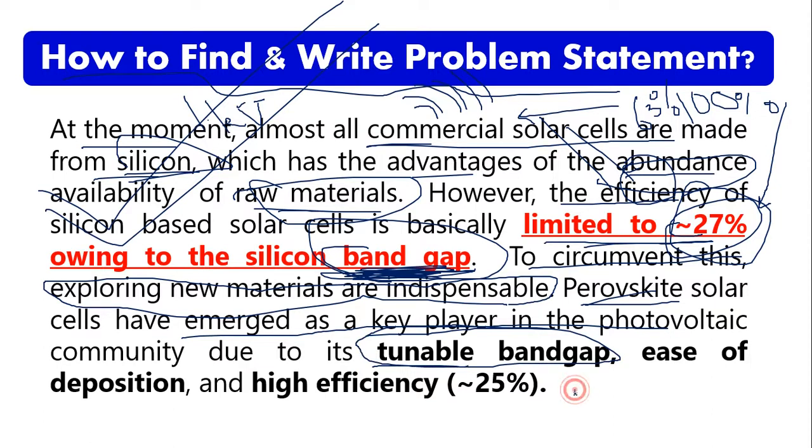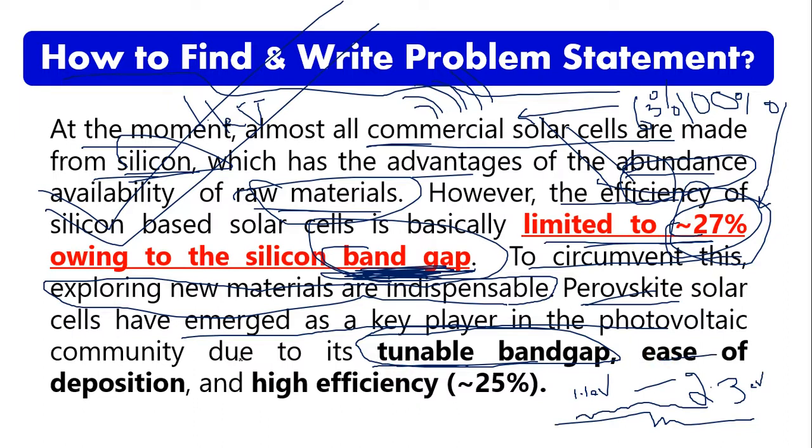For example, the perovskite band gap varies from 1.1 electron volt to 2.3 electron volt. Wow! This means that you can absorb a large amount of the solar spectrum. You can change the band gap of perovskite solar cell according to your desire. So this is the beauty here, right?